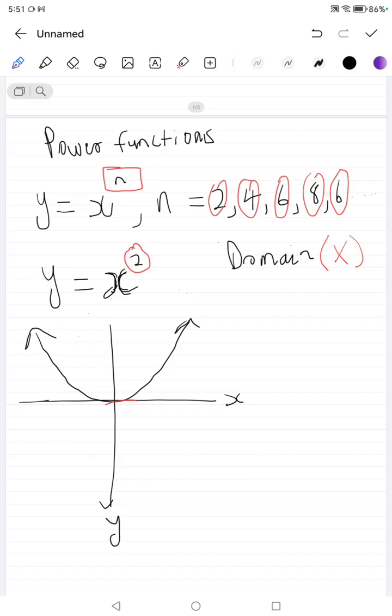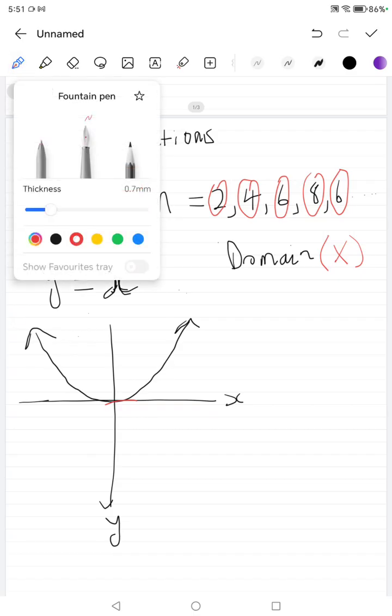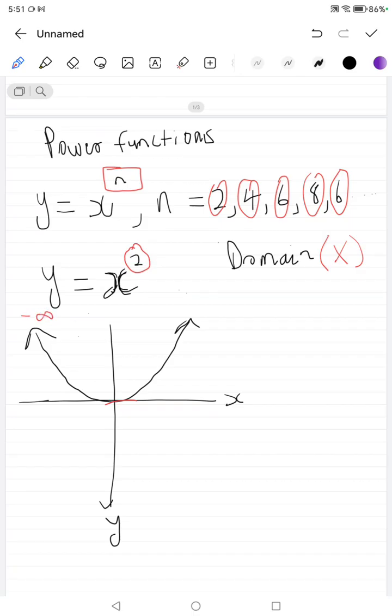With our domain, you can see that this graph starts somewhere in the negatives, and on this side it ends up somewhere in the positives. So you can simply say your domain, which is your x values, is going to be minus infinity to positive infinity, because we have some unknown x values on this side and also on this side.